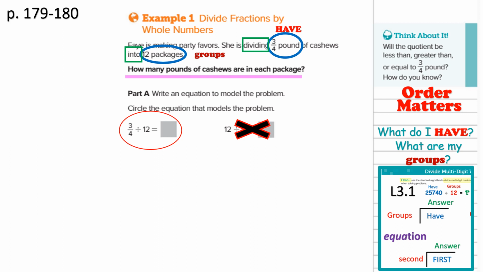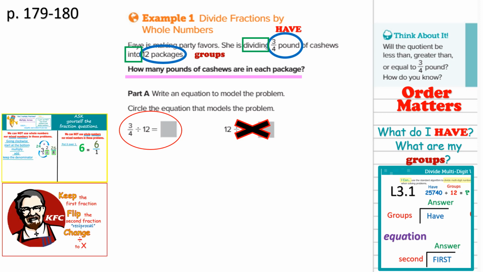You weren't getting the right answers, and you knew that because the answers didn't seem logical, but you didn't know why. We have to go back to thinking about what I have, and then what are the groups I'm putting it into. Once I've done that, I can change my numbers into proper numbers that have to be in fraction, multiplication, and division, and then go through my KFC since I can't divide.